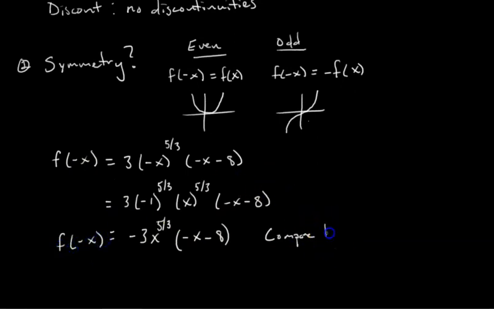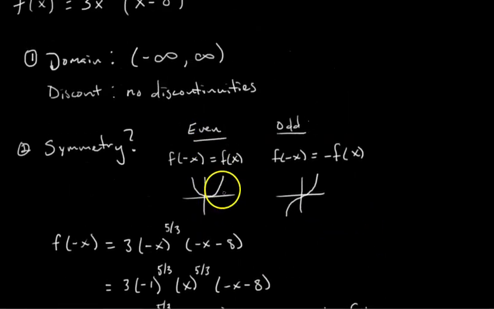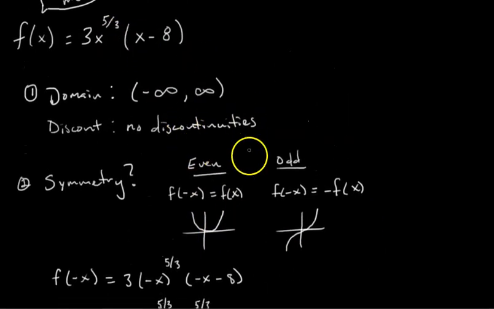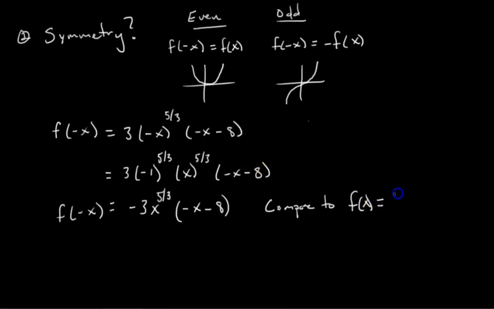And compared to f of x, which was our original function up here, f of x is just positive 3 times x to the 5/3 times x minus 8. So if you notice, it might look like f of negative x is just negative 1 times f of x, because of this negative here, but we have this negative here as well in front of the x in x minus 8.